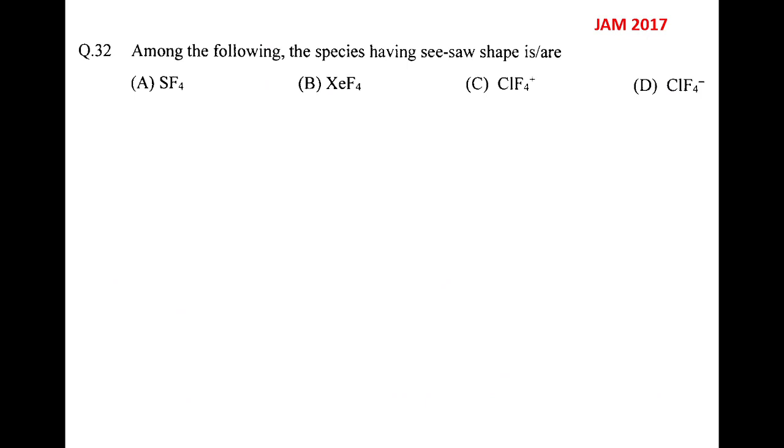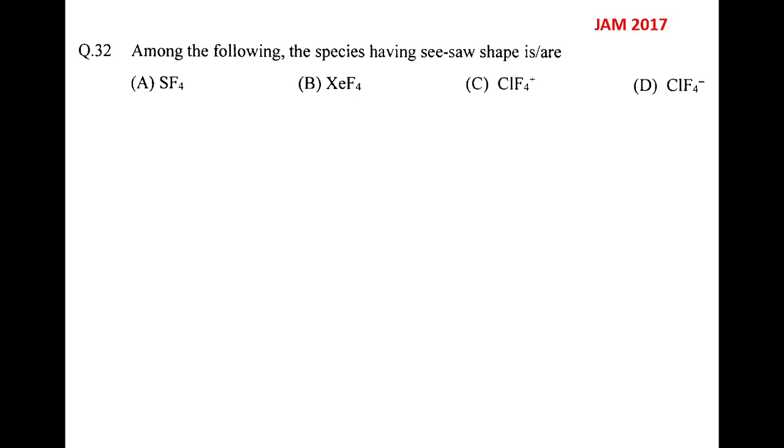Then coming to the next question: among the following, species having seesaw shape is or are, that means more than one answer is possible. So we have the molecules SF4, XeF4, CF4 plus, ClF4 minus.